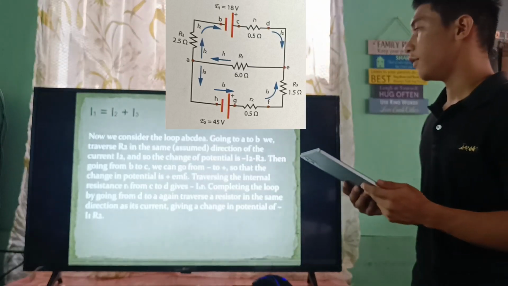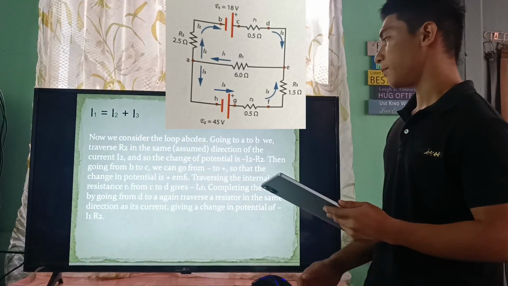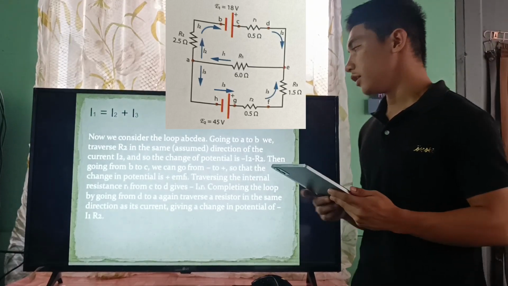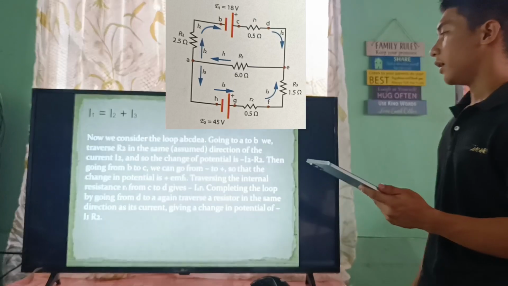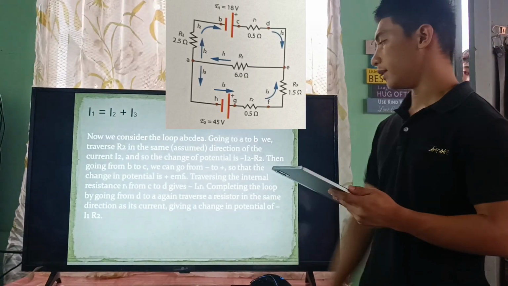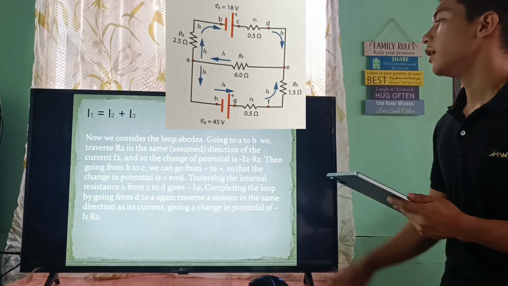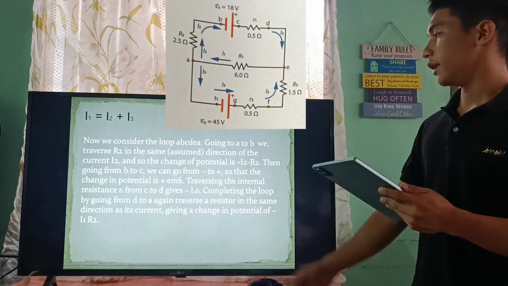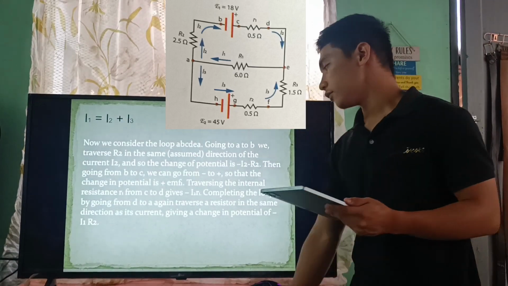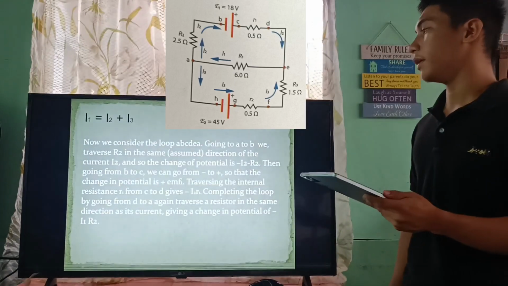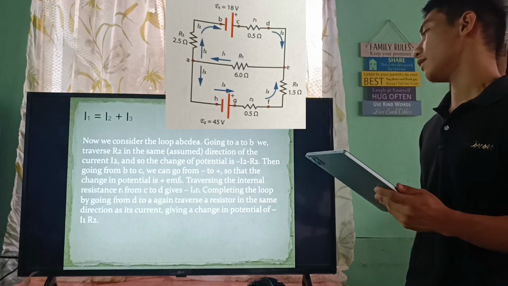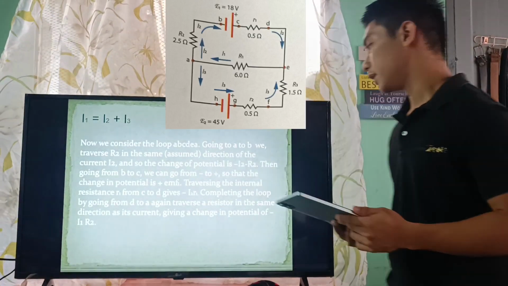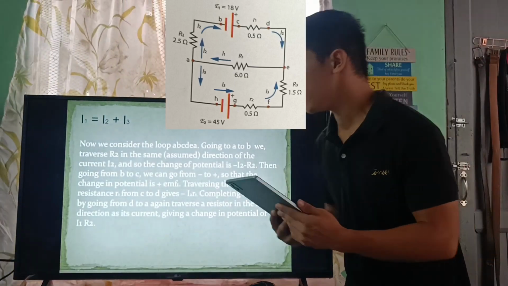Then going from B to C, we go from negative to positive, so the change in potential is positive EMF 1. Traversing the external resistance R1 from C to D gives negative I2 R1. Completing the loop by going from D to A, again we traverse the resistor in the same direction as its current, giving a change in potential of negative I1 R1.